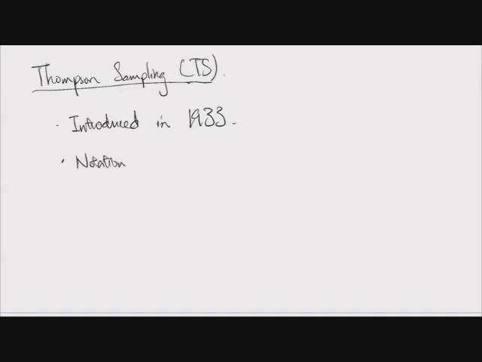Because we need to compute posteriors, we need to be very careful about what data we are conditioning on. And so we need to add some new notation to the arsenal that we already have. So we need some new notation for rewards. Previously, we had the sequence x1, x2 to xn.